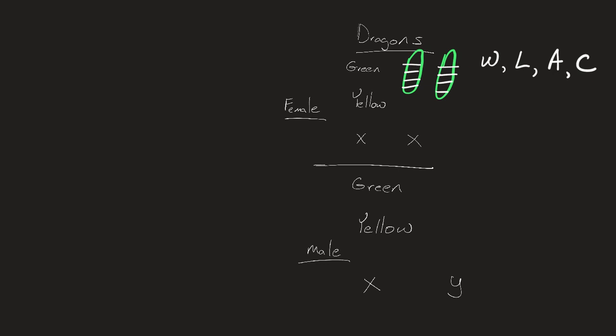The only question is, do they have uppercase W, the dominant form, or the recessive form? I'm using a little hashtag for the lowercase, for those that are difficult to tell if it's uppercase or lowercase. Dominant or recessive, dominant or recessive.